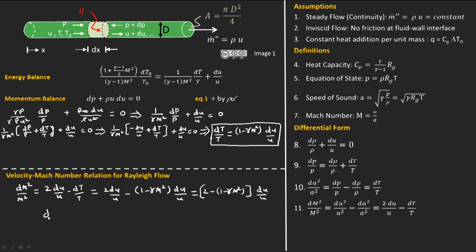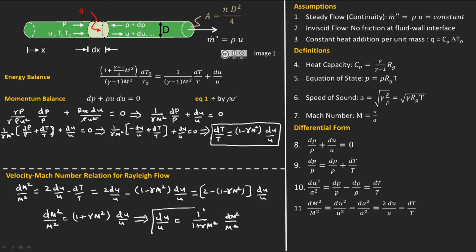This will give dM square over M square equals 1 plus, so 2 minus 1 is 1, and the minus and minus will make it a plus, 1 plus gamma M square times du over u. And again, I'm going to rearrange this and say du over u equals 1 over 1 plus gamma M square times dM square over M square.